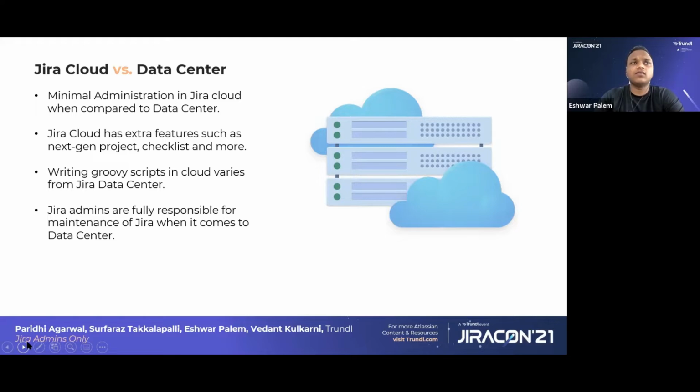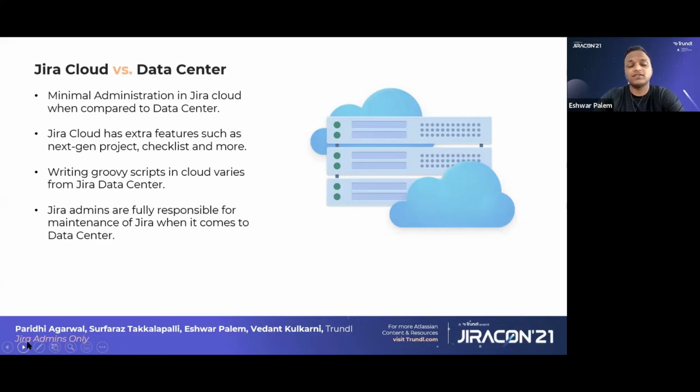And the most important topic is the Groovy scripts. In cloud, we mostly use REST APIs in our Groovy scripts to interact with Jira components and to extend the functionality of Jira. Whereas in data center, we can use either.